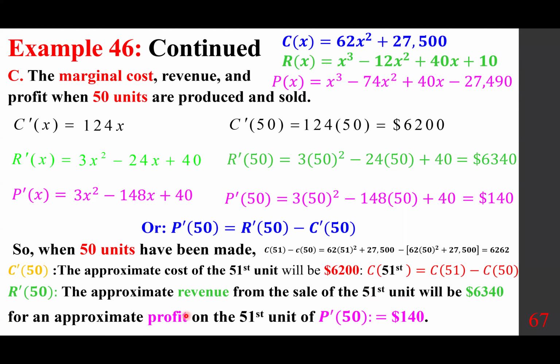For an approximate profit on the 51st unit, P prime of 50, which is $140. So marginal cost, when it's evaluated at some number, it represents the approximate cost for the next unit. And the same thing happens for the revenue and profit.